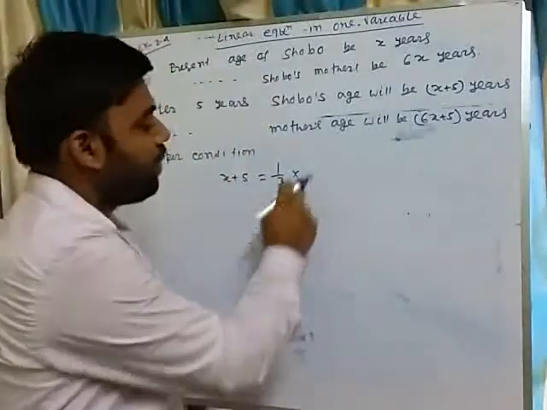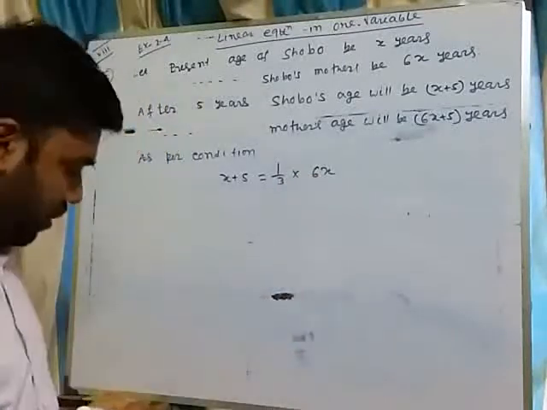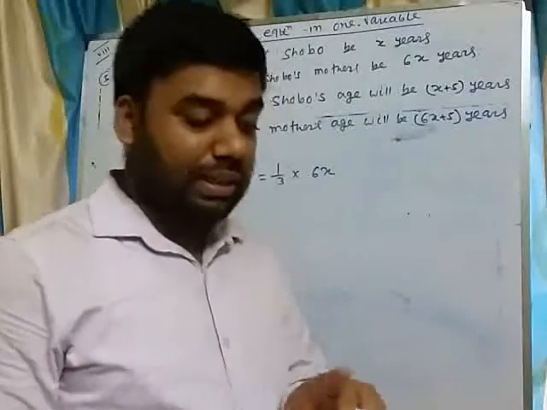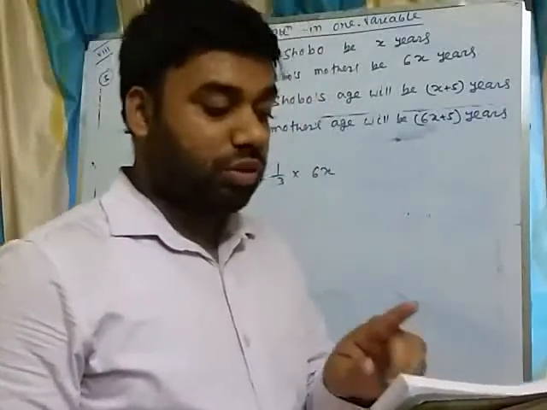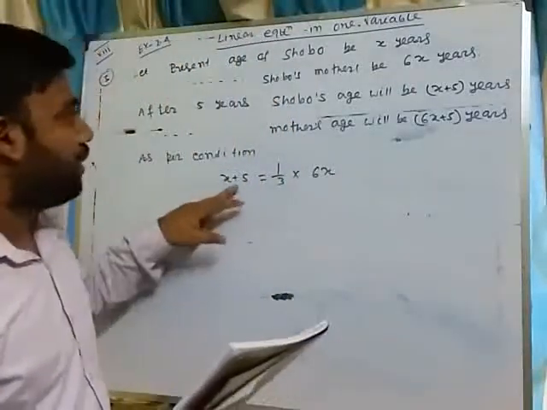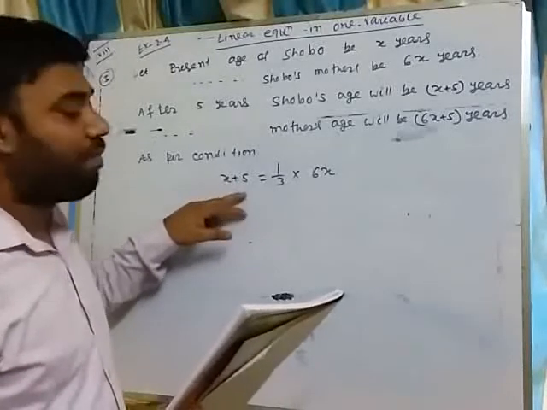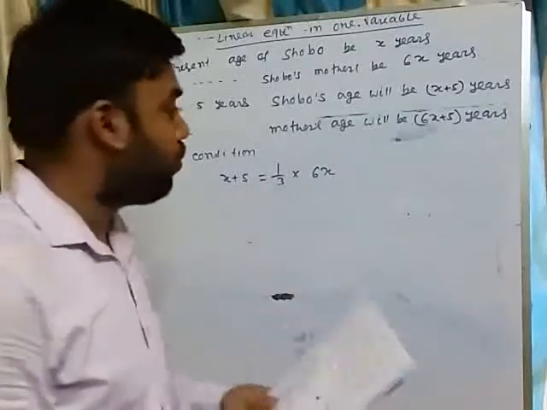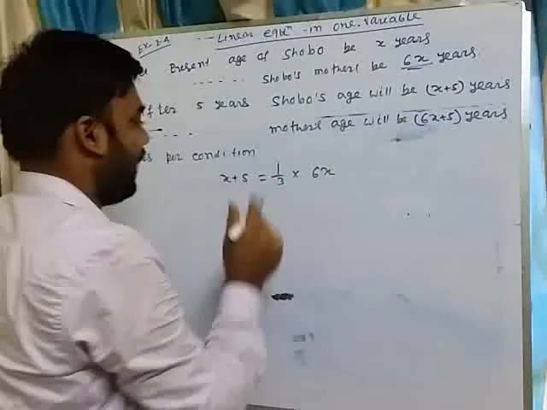What is the present age of the mother? That is 6x. That is the condition, and that is the linear equation we have. I am repeating that condition: if x years is the present age, then after 5 years it is x plus 5, equal to 1/3 of Sobo's mother's present age. Sobo's mother's present age is 6x.